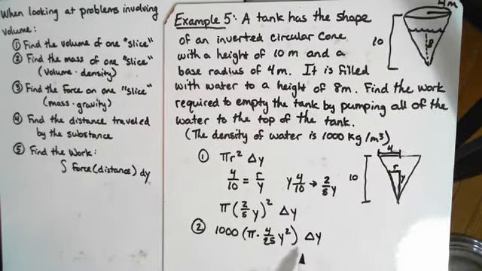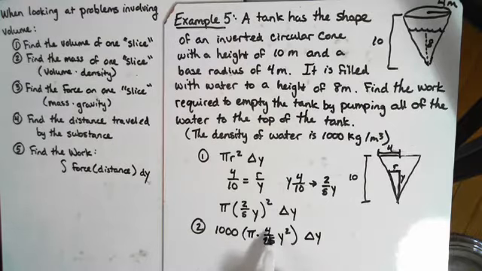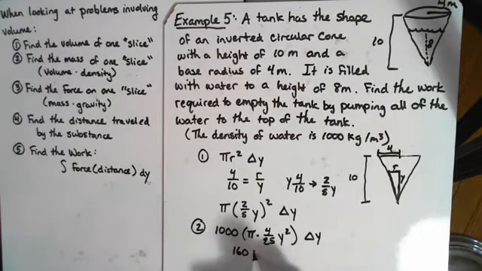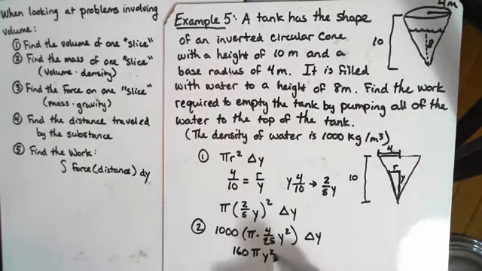And again, this can be simplified more. 1,000 times 4 is 4,000. Let me get my calculator. And 4,000 divided by 25 is 160. So this is 160 pi y squared delta y.